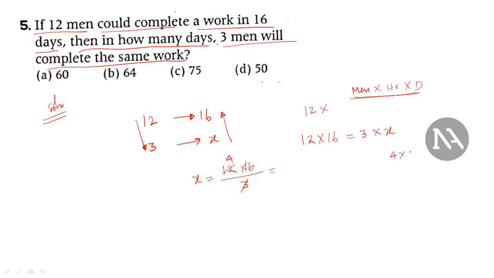So 4 into 16, I can write 4 into 10 plus 6. So it is 40 plus 24, which is 64. So it will take 64 days to complete the same work if the number of men is 3. So option B.